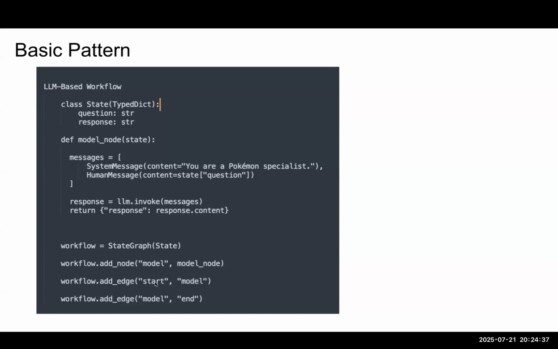The start is the model, and in this case the end is also the model. Since it's the simplest basic pattern for showing the example, what you have done here is a basic agent. It looks like a simple RAG or simple LLM app. Actually, it's not RAG, it's a simple LLM app. When you start it, it's going to call the model node and get the answer.